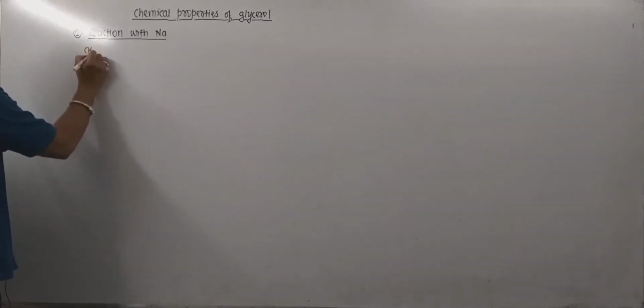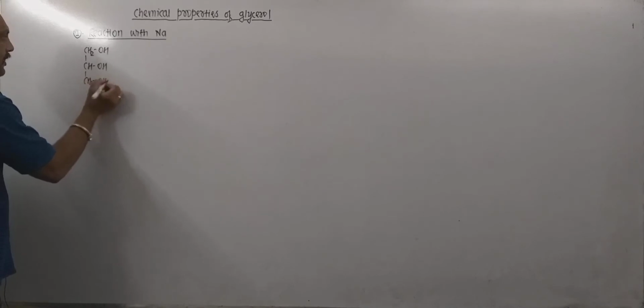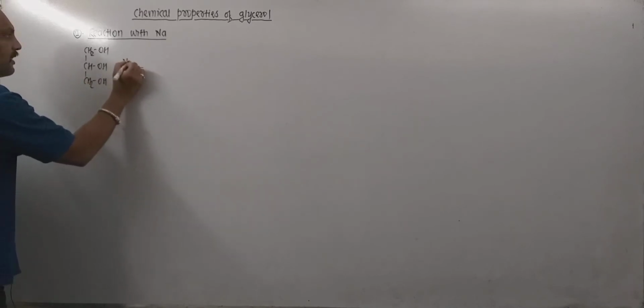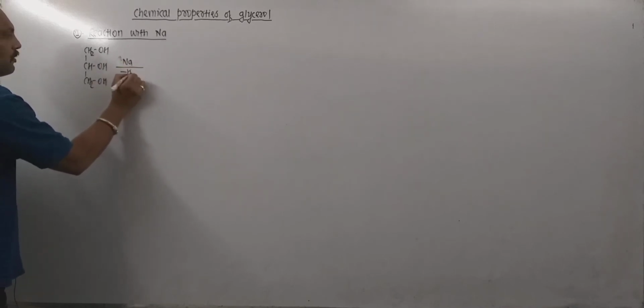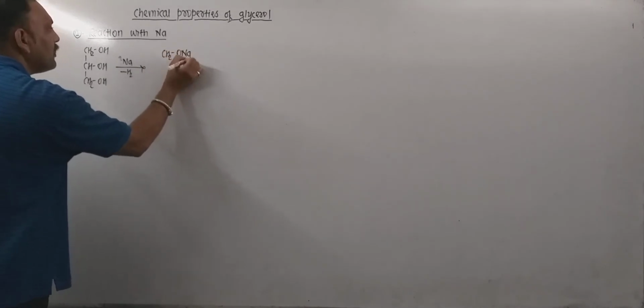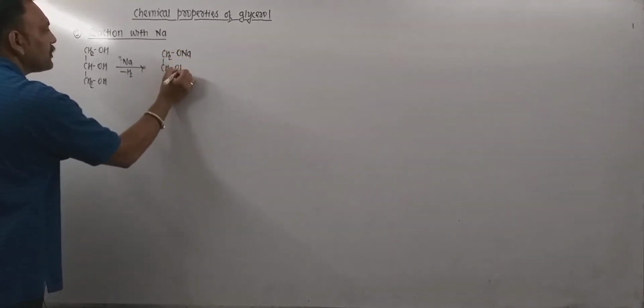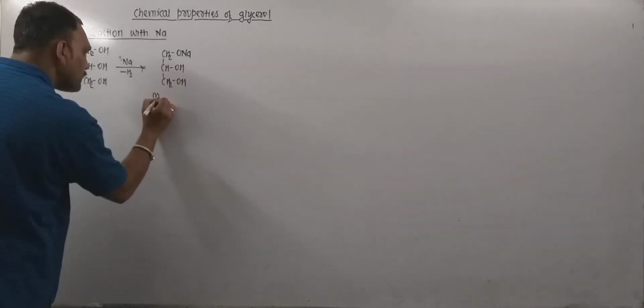So when we treat glycerol, which happens to be trihydric alcohol, with sodium metal, then thereby evolution of hydrogen takes place. So that lead to the formation of an ingredient which can be shown as, remember, this is monosodium glycerolate.